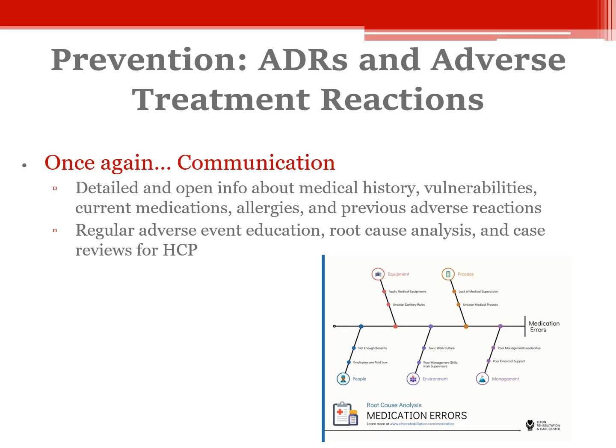And then from the provider side, making sure that regular adverse event education occurs is critically important. It's important to have case reviews periodically of interesting case studies of what's happened with this new medication, particularly for type B adverse reactions, where this is something that nobody guessed was going to happen when patients were administered this drug, but we've seen it in a few cases, and so now we need to be aware that even though we don't understand the pharmacological mechanism, if you're going to give this particular drug or treatment to this patient, you might want to, for example, screen them for glucose-6-phosphate dehydrogenase deficiency first.